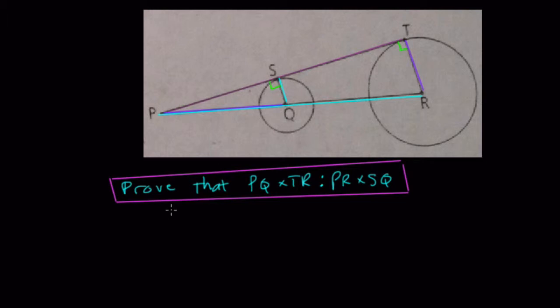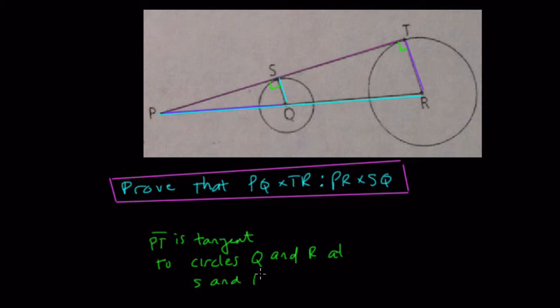So here, you could start in your proof by saying line PT is tangent to circles, and you name circles by their centers, Q and R at S and T, and that's a given, right?